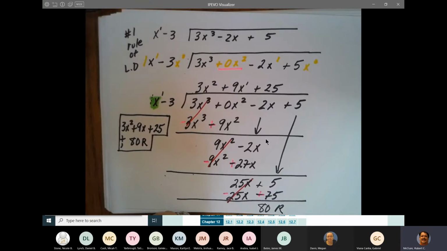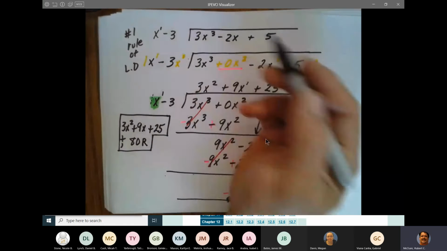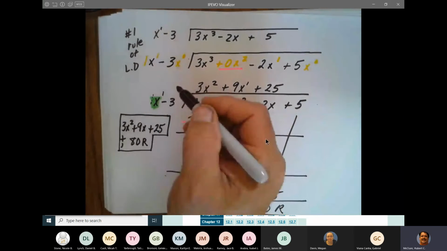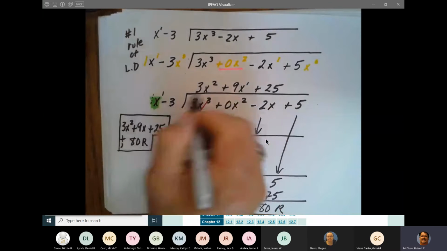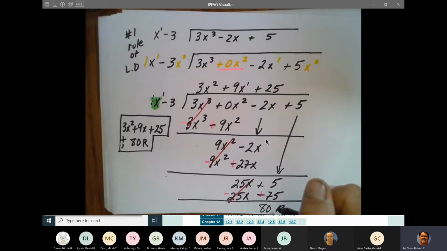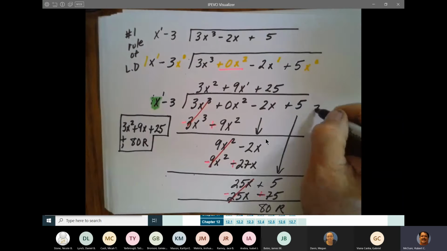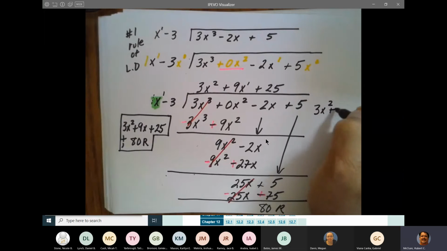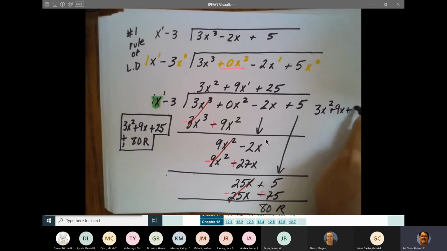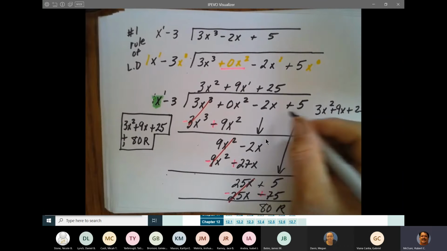Another way to write it is just like you would 6 and 1/3. You write the quotient on top right here, and then you put the remainder over the divisor. So that's going to be 3x squared plus 9x plus 25 plus 80 over x minus 3.